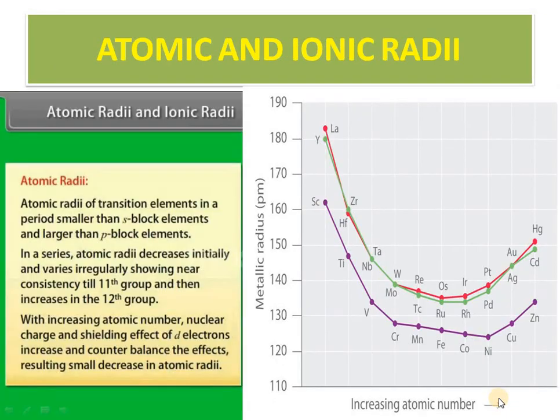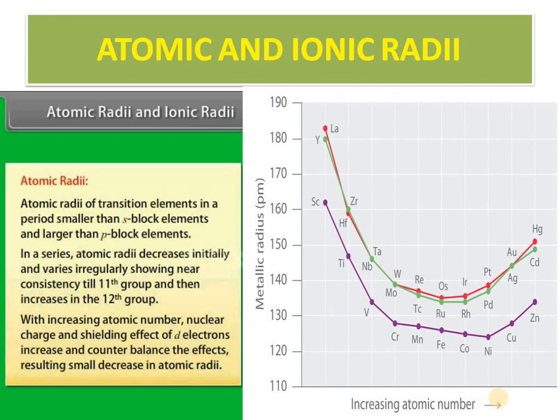So now when the pairing of the electrons takes place in the d orbitals, it causes repulsions, and these repulsions are greater than the attraction due to increase in nuclear charge, means to say that inter-electronic repulsions between the d electrons increase, and they are countering the increase in nuclear charge.